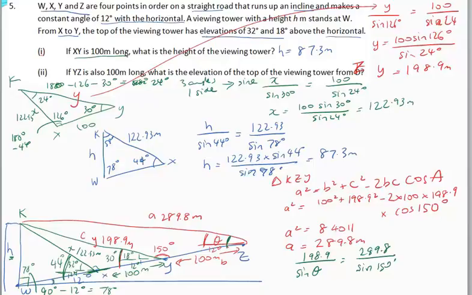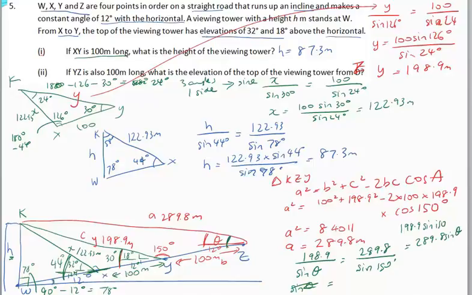We cross multiply, and our sine theta comes over here. We'll go through the whole process here. We're going to have 198.9 multiplied by sine 150 is equal to 289.8 sine theta.